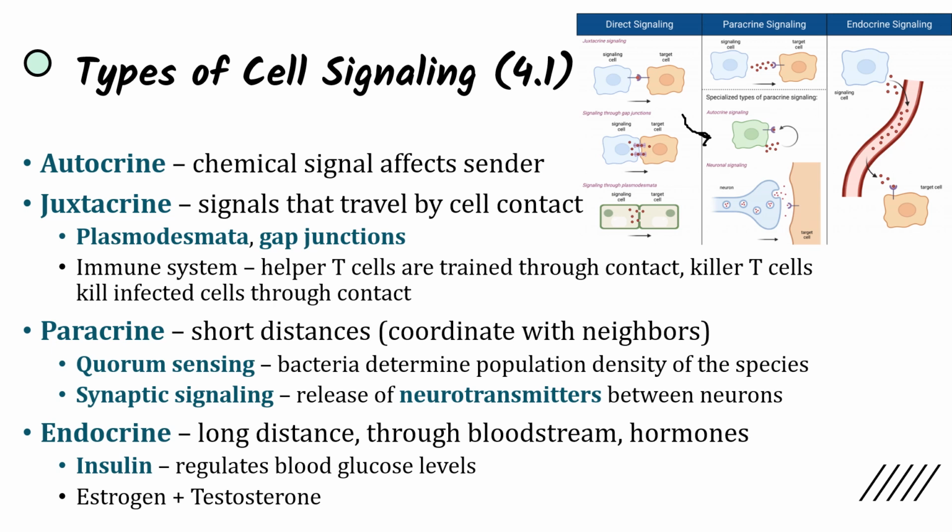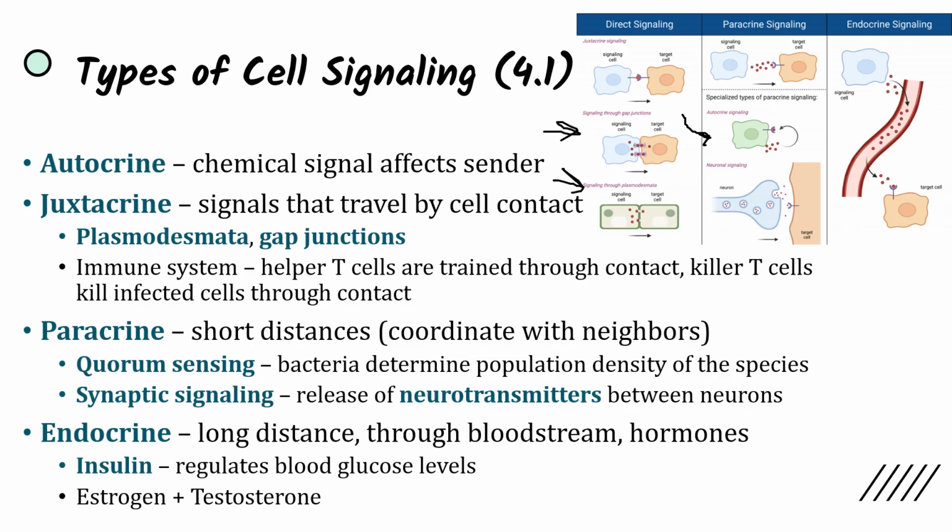There's also juxtacrine, which is signals that travel by direct cell contact, and these in plant cells occur from plasmodesmata, which are the pores in the cell wall, and in animal cells through gap junctions. That can be seen right up here with gap junctions and plasmodesmata.